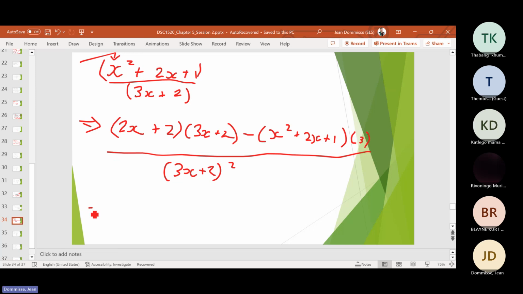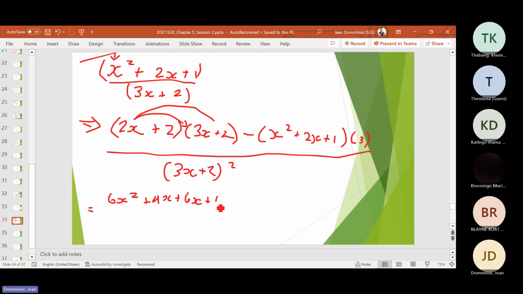Okay, so let's first multiply the top out with one another. Maybe we can simplify something. So now we go back to first part of algebra. So 2x times 3x gives you 6x to the power of 2. 2x times 2 gives you 4x. 2 times 3x gives you 6x.